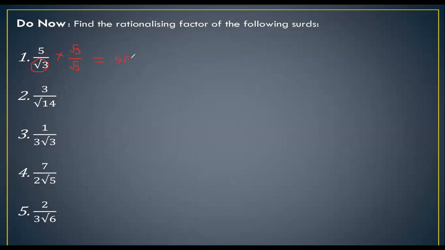Root 3 into root 3? 3. Very good. So root 3 square will be there, square root and square cancel. So you will get 3. This is a whole number, like a rational number. 5 root 3 by 3. Leave it like that only. Enough. This is the solution.